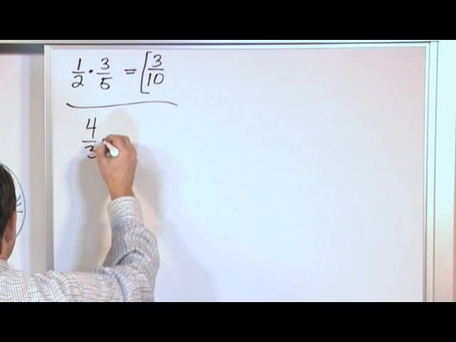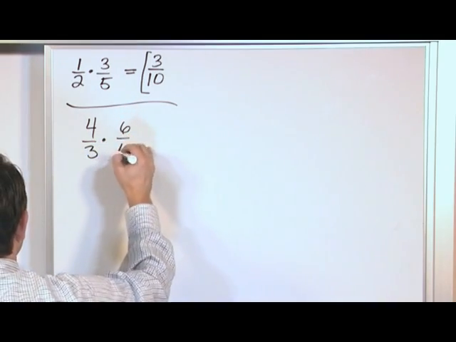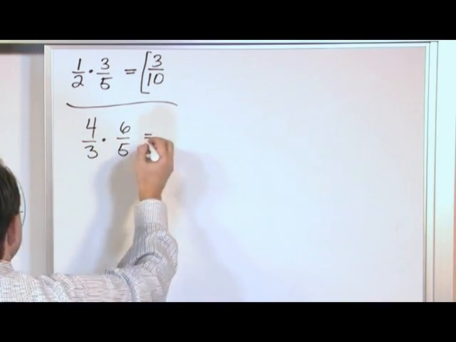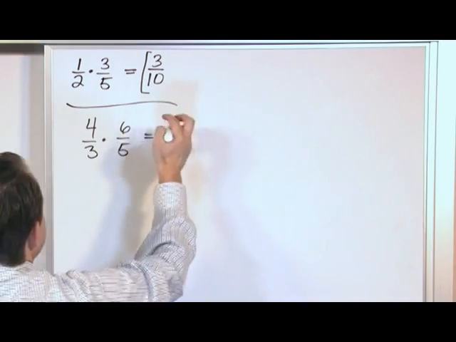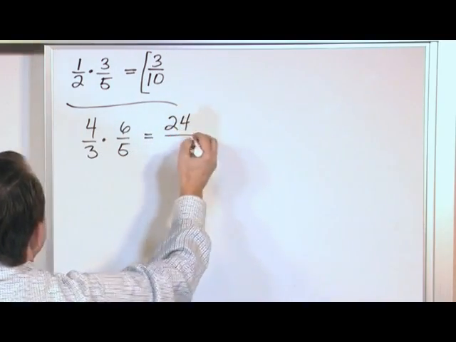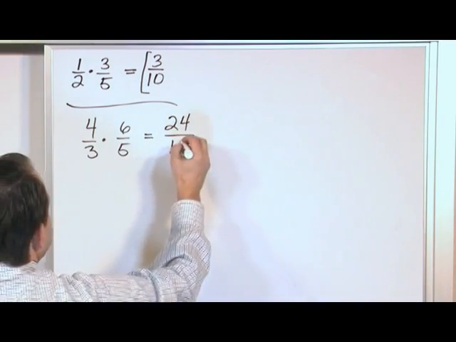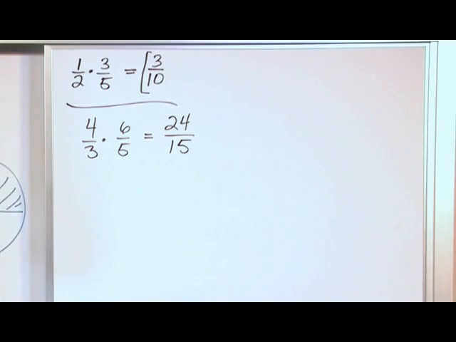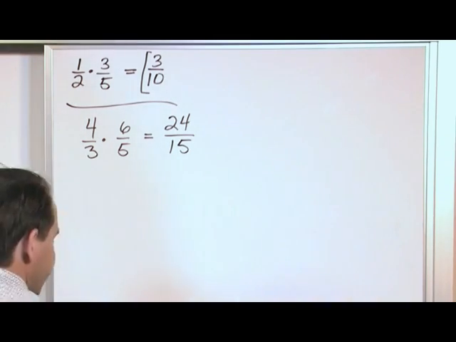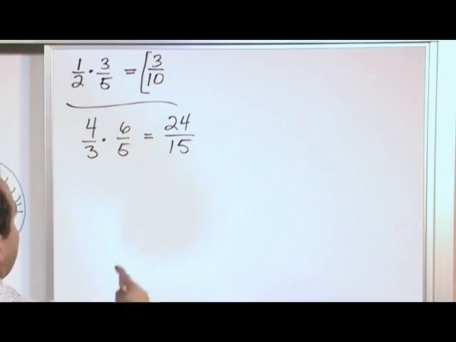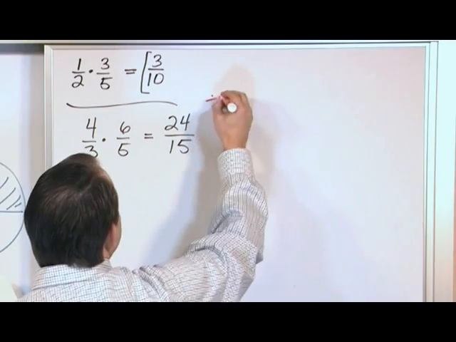4/3 multiplied by 6/5. All you do is multiply the top. 6 times 4 is 24. 3 times 5 is 15. And you always look at it and see, hey, can I simplify this fraction? And in this case, I can, because I know I can divide the top and the bottom by 3.